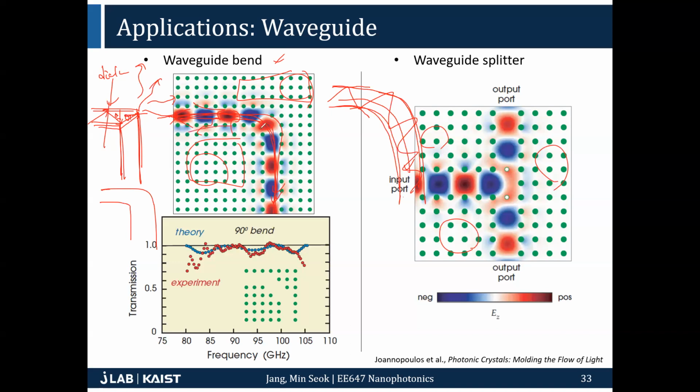So no matter how steep your waveguide bend is, there's no leak out, right? So that you can create a more efficient waveguide bend, or waveguide splitter, like a Y splitter or even more ways to split your waveguide.